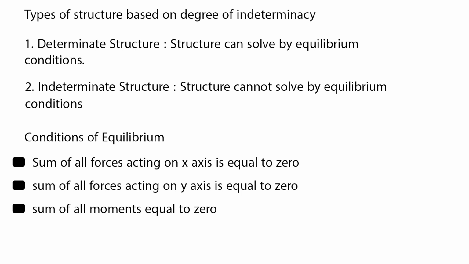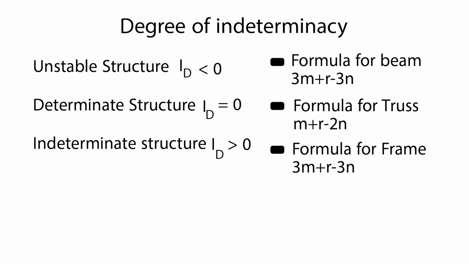In order to differentiate between determinate and indeterminate structures, there is a term known as the degree of indeterminacy, which is calculated for these structures. On the basis of this degree of indeterminacy, there are three types of structures: unstable structure, determinate structure, and indeterminate structure.